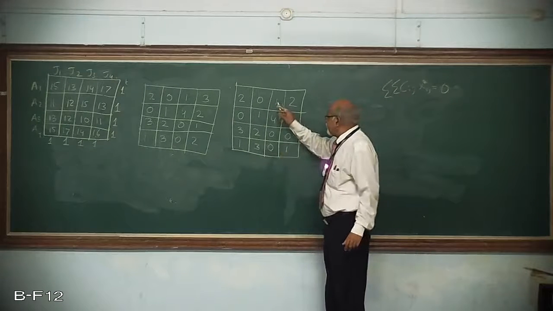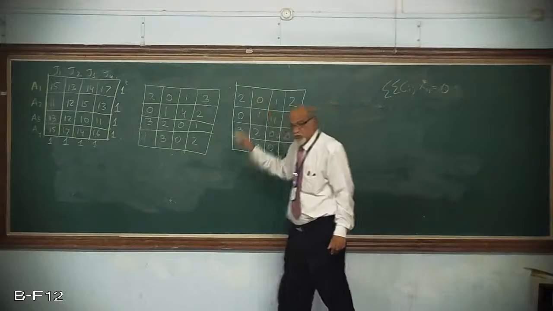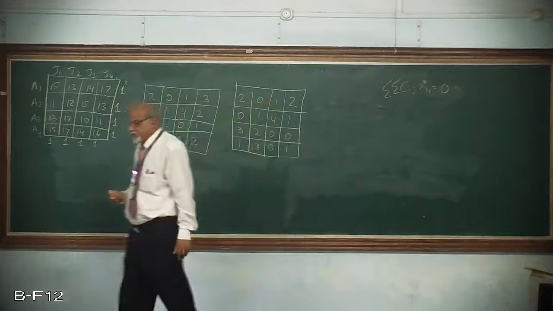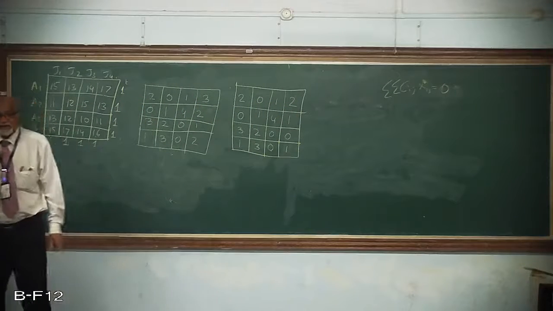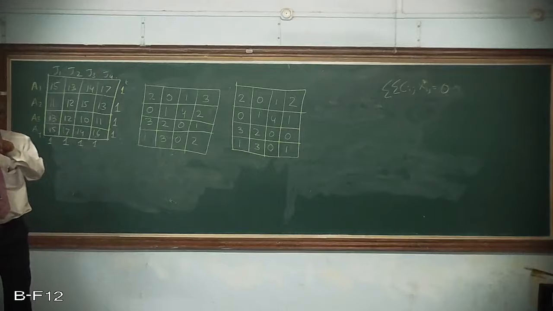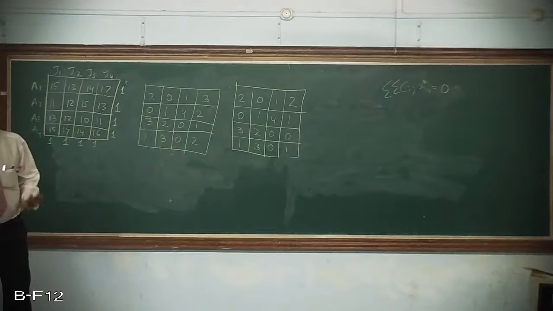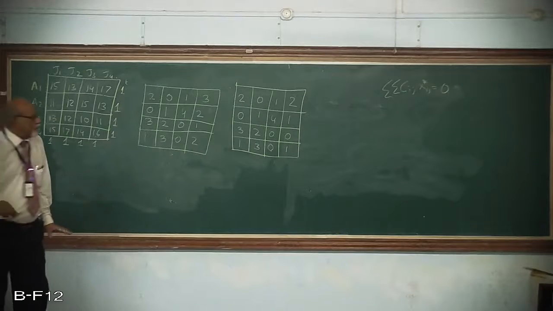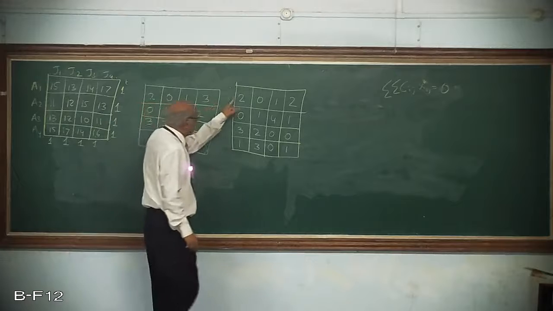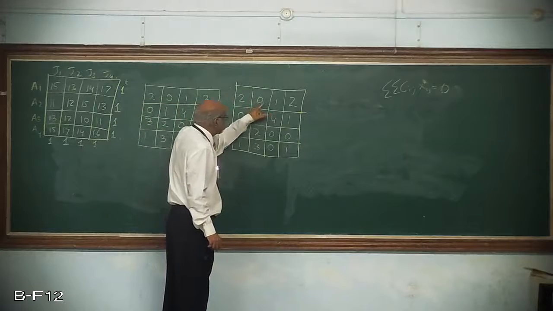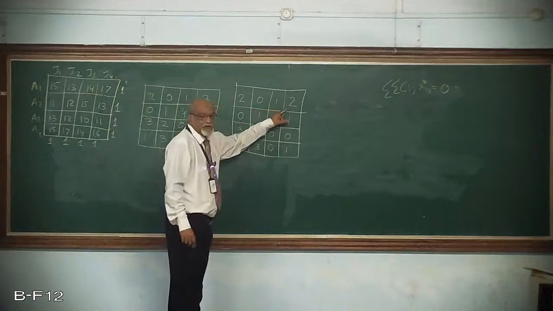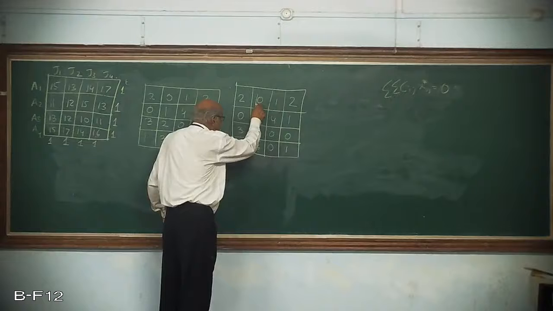That means you start from the first row, you start scanning till you get exactly 1 zero in the row. Start from the first row. Fortunately, what has happened? There is exactly 1 zero in this first row itself. So I will mark this.